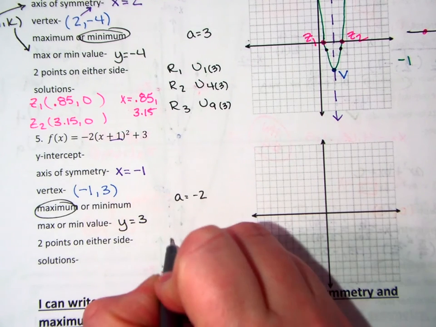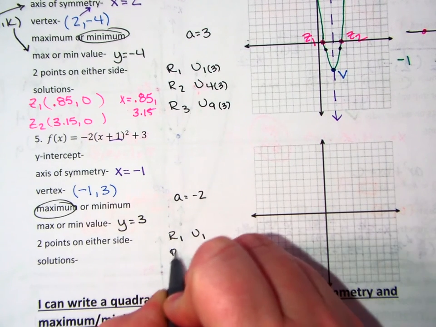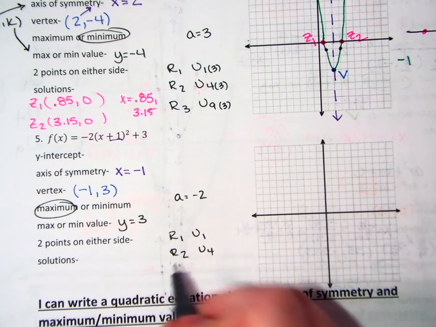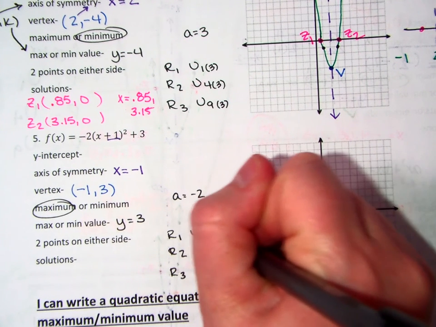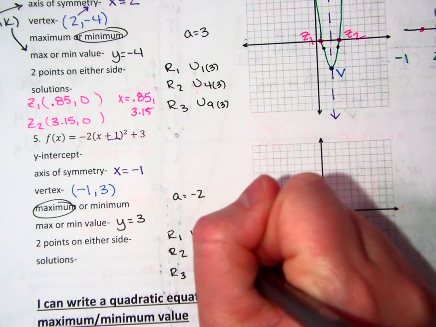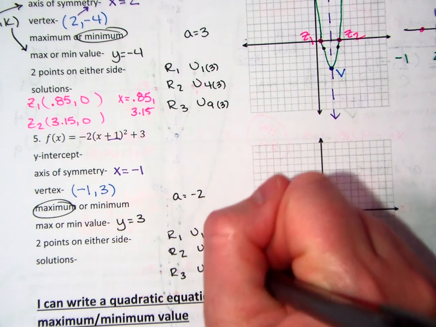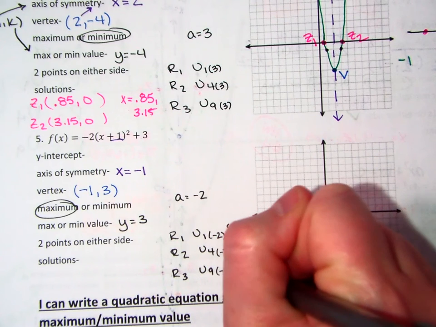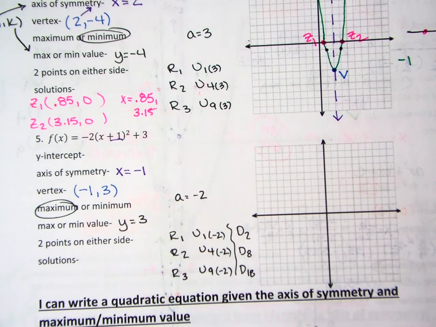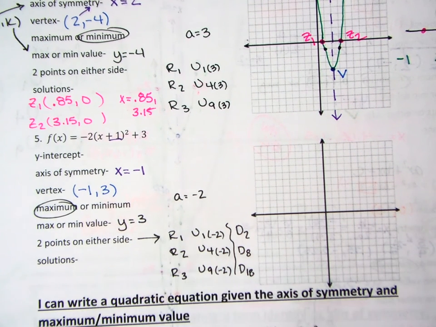I'm going to do my rules. Right 1, up 1. Right 2, up 4. Right 3, up 9. I'm going to multiply by negative 2, which means I'm really going to go down 2, down 8, down 18. That gives me my points on the other side.